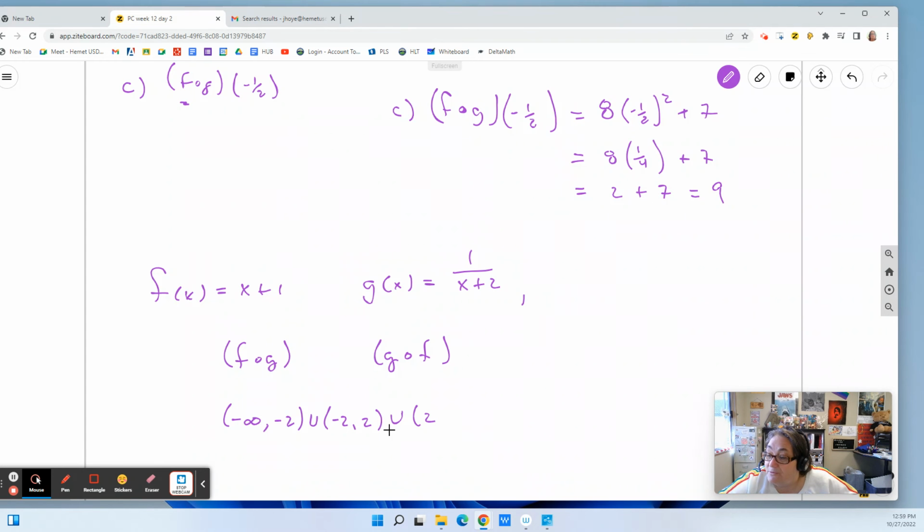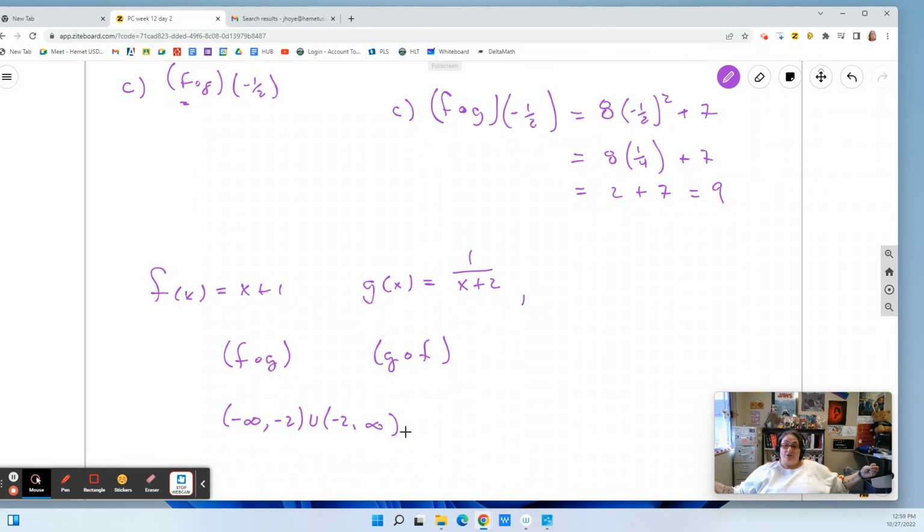I only need the negative 2 one. I'm adding more work than I thought. I was going back to the one I did earlier. This can actually go all the way to infinity. I can include 2, I just can't include negative 2, right? And so that is all real numbers except for negative 2, right?